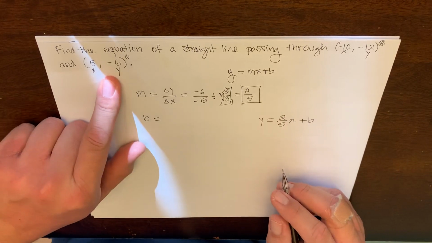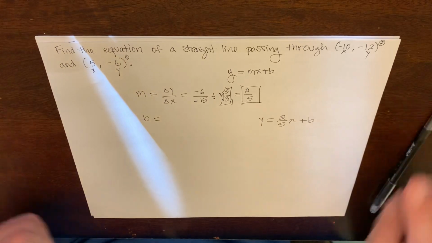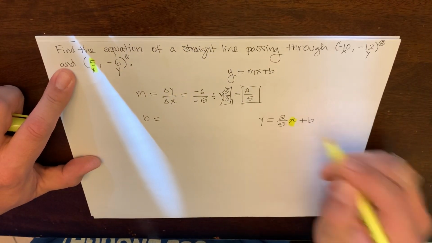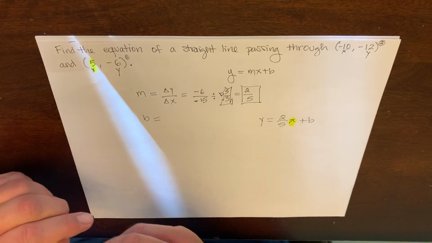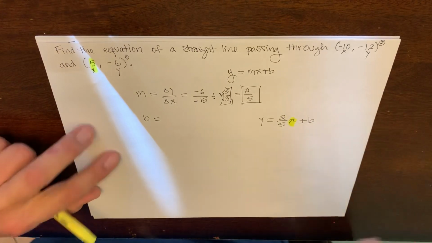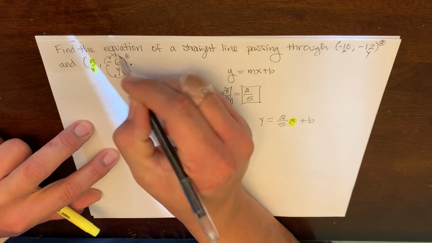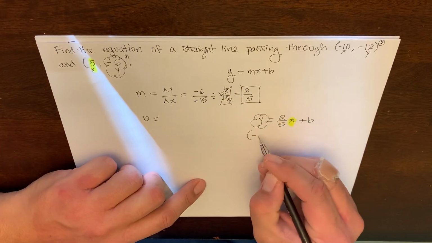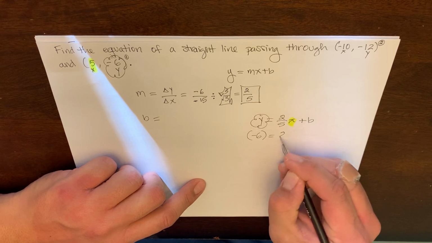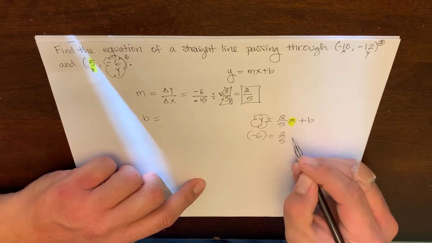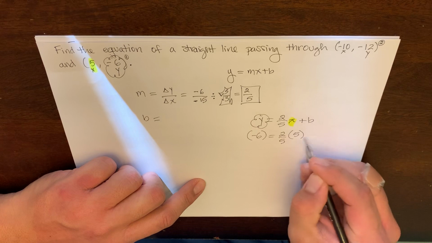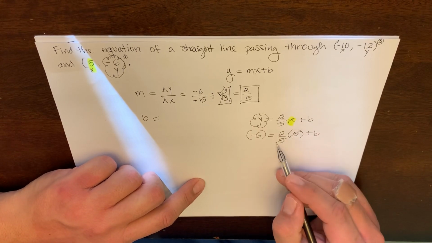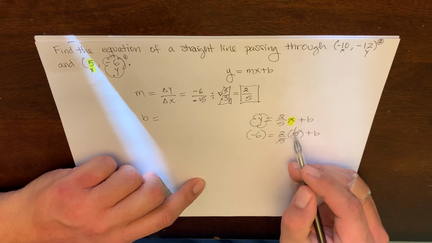So I got y equals 2/5 x plus b. I'll take this point. Wherever I see x, I'll replace with x. Wherever I see y, I'll replace with y. So this will be negative 6 equals 2/5 times 5 plus b. 5 divided by 5 is 1. 2 times 1 is 2.